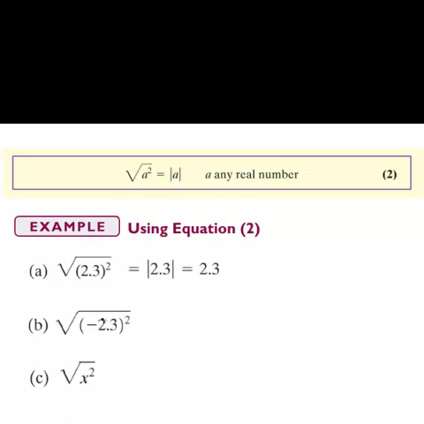The square root of negative 2.3 squared is still 2.3. And the square root of x squared is absolute value of x. But the square of the square root of x is just x. Just make sure you see that distinction.